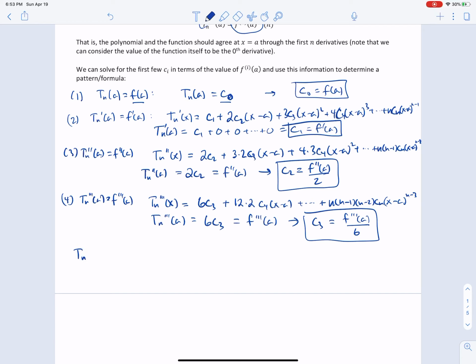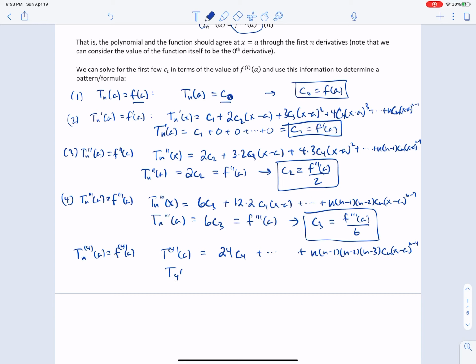Our next equation would be that the fourth derivative at A of the polynomial is equal to the fourth derivative of f at A. The fourth derivative is going to start off with a 24C4 plus a bunch of other terms, and then I've got n times n minus 1, n minus 2, n minus 3, Cn x minus A to the n minus 4.